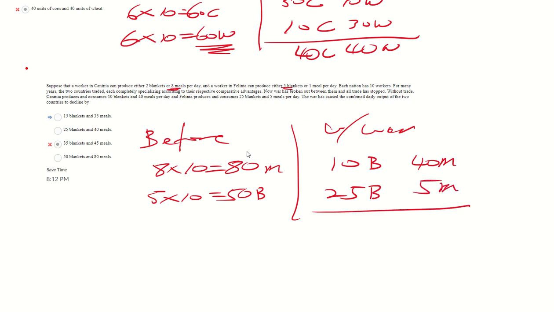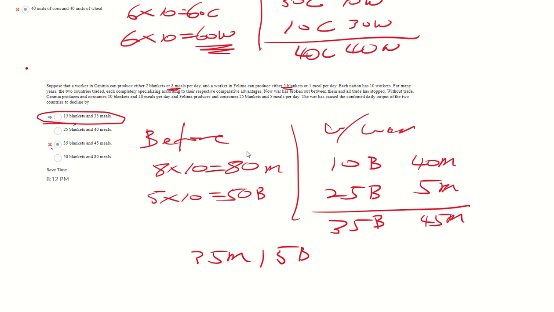So added together, this will be 35 blankets over here, and then 45 meals over here. So compared to before, looks like we're going to lose 15 blankets and then 35 meals, right? So this one, this is the answer for us, all right? So the answer is A. Okay, so guys, this is how you do questions like this.